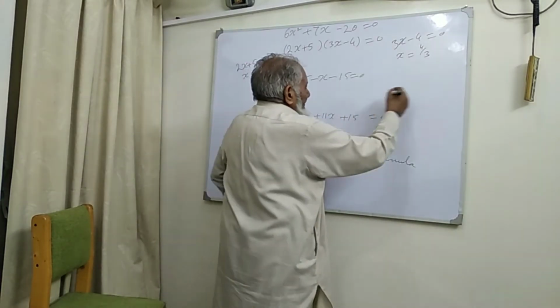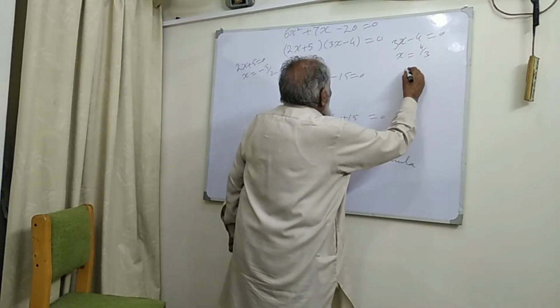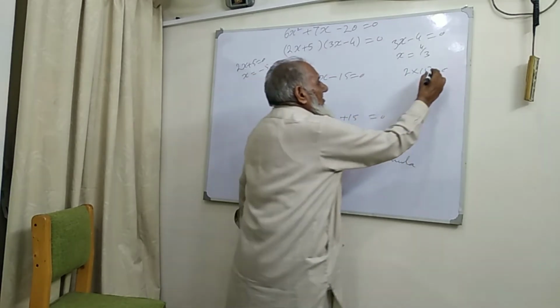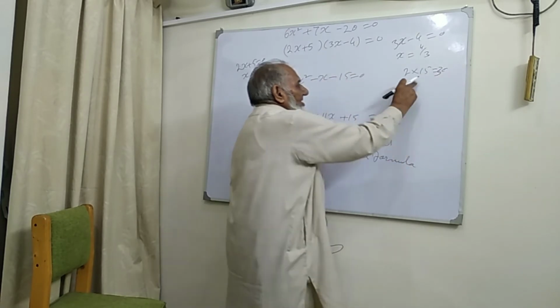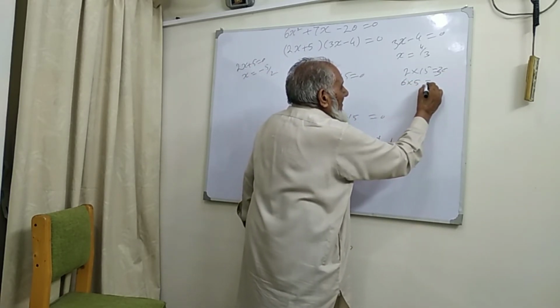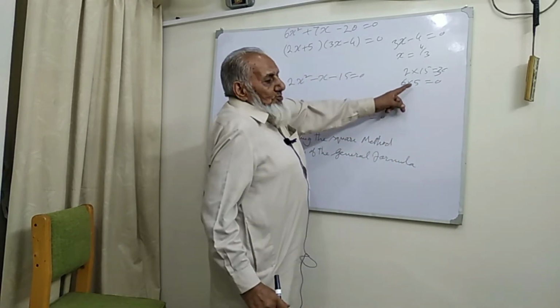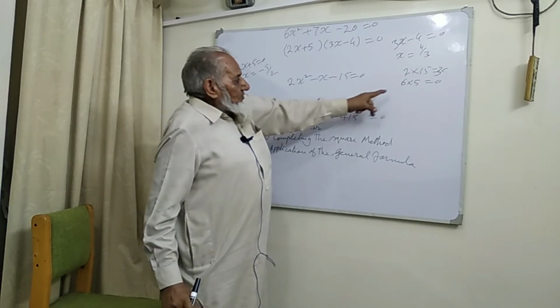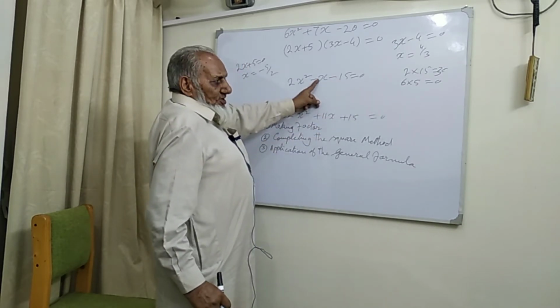I am making the factors myself. 30 has the factors 6 and 5. And the difference of the two, it is minus sign over here. The difference is 1, so it is minus 1 over here.